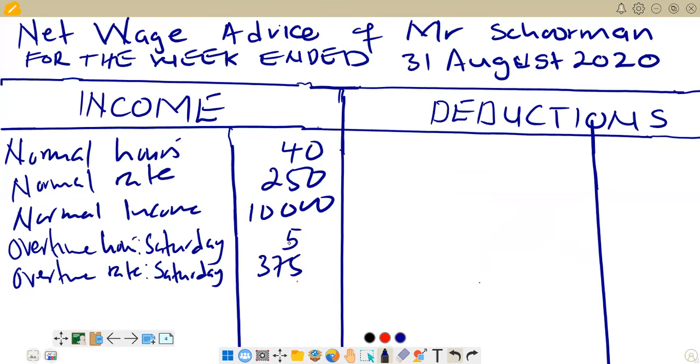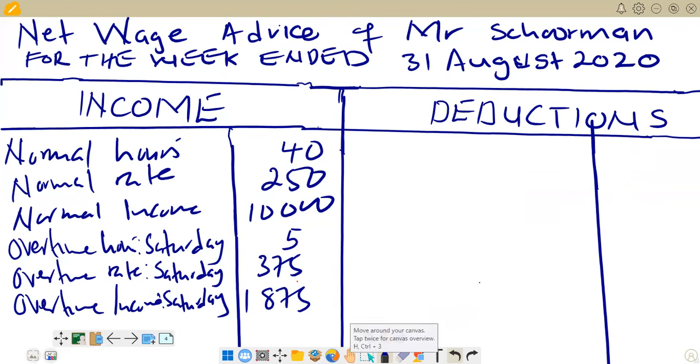So when you multiply 5 times 375, you get the overtime income for Saturday. We say 5 times 375, you get 1,875. So that's what we have there.